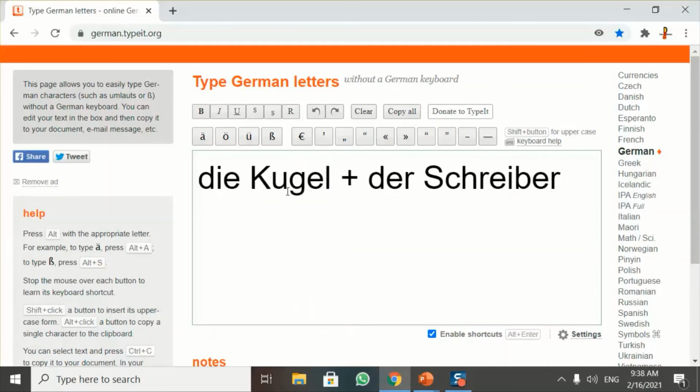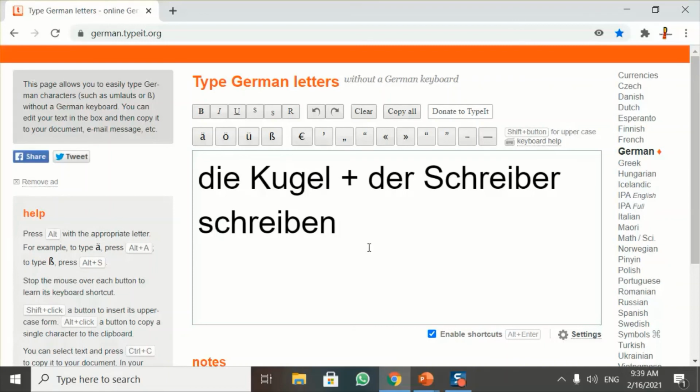We can even call a ball die Kugel or eine Kugel because it is round in shape, but it refers to any round thing. And der Schreiber is anything with which you write, because der Schreiber comes from the verb schreiben, which is to write.